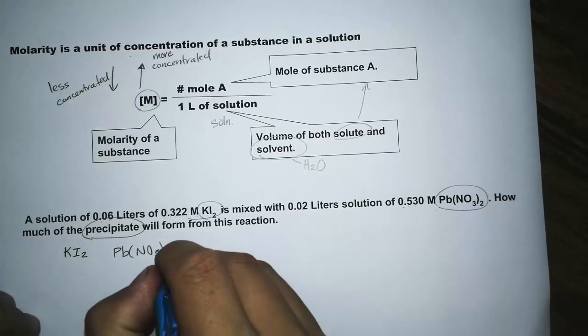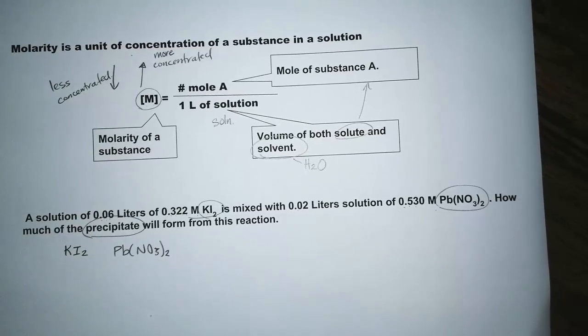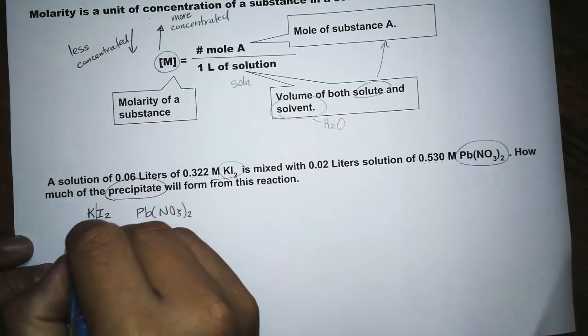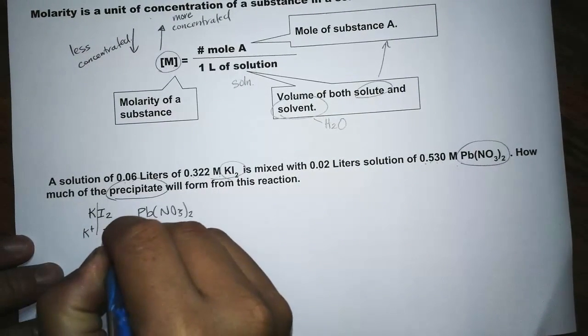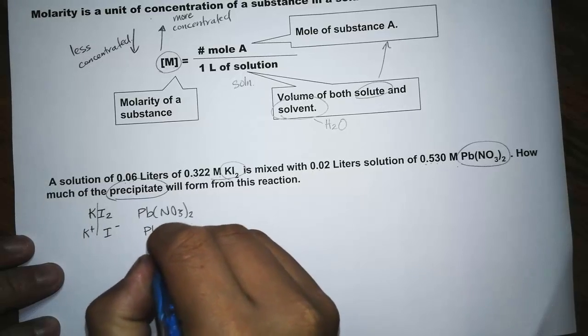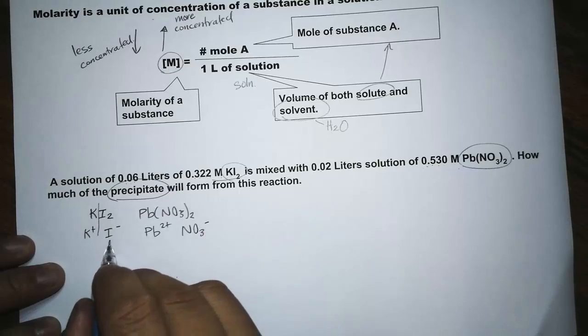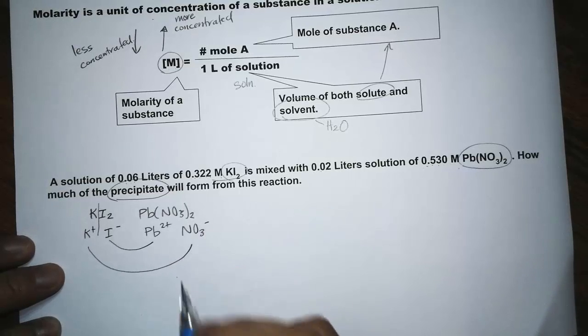The way it works is that we have to apply the solubility rules to determine what precipitate we are going to make. So we have to determine the ions first, and the same thing for this one right here, Pb2+, NO3-, and of course we exchange ions. There you go.